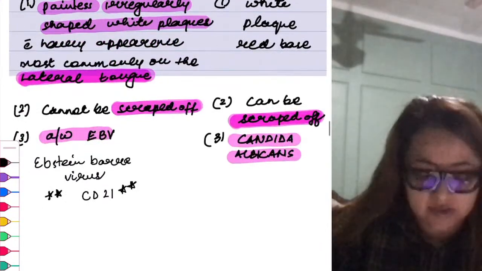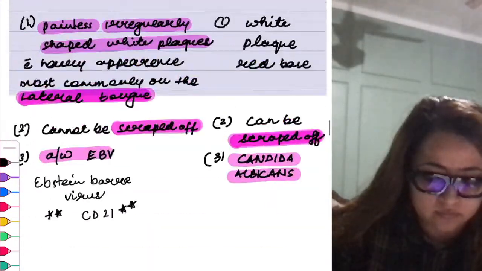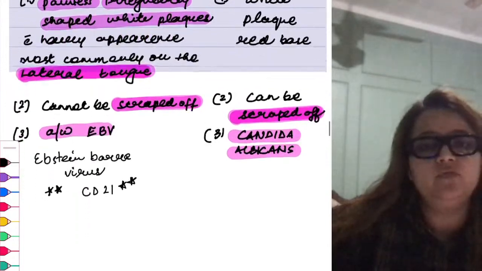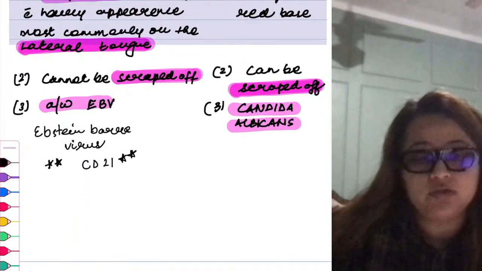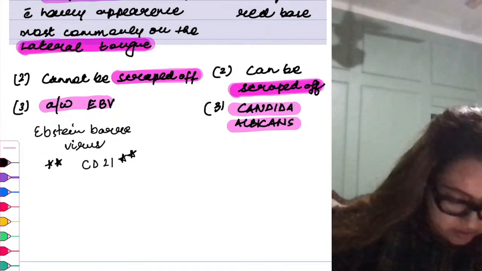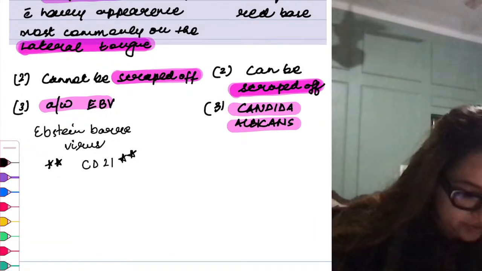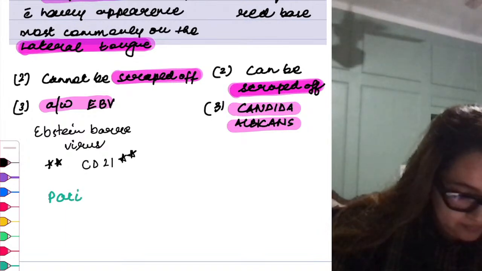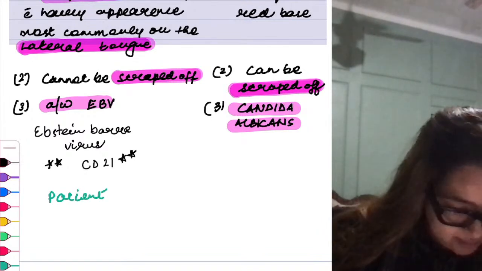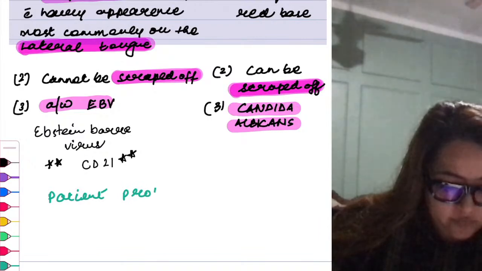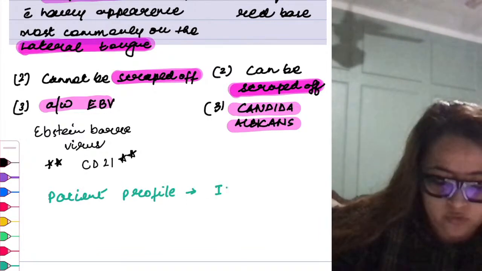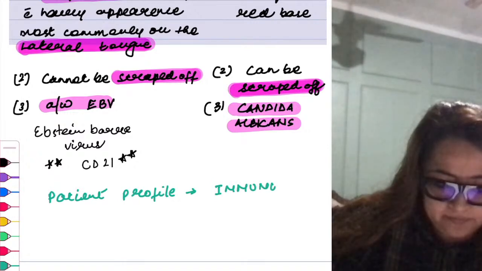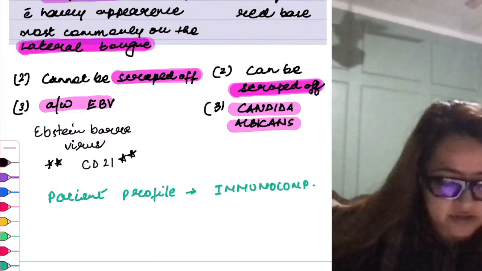Moving on to the next high yield image. Before that, guys, what type of patient profile could be given to you if they have to talk about oral thrush or oral hairy leukoplakia? What type of patient profile? Exactly, Madhavan, you give the right answer. The immunocompromised patient.